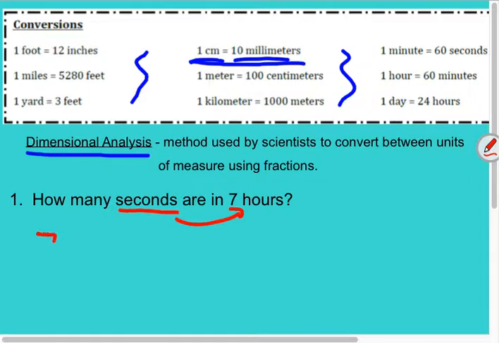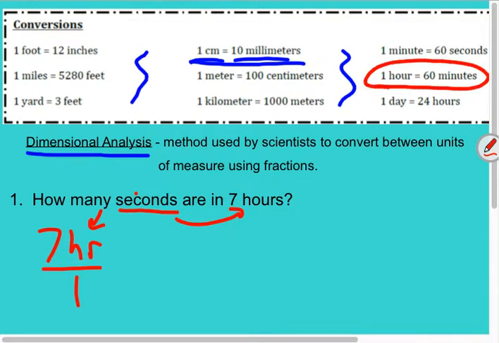So we're going to go 7 hours, just over 1, just to write it as a fraction. Now we want to convert hours right here to seconds. But first, in between hours and seconds is minutes. So we're going to convert from hours to minutes first of all.